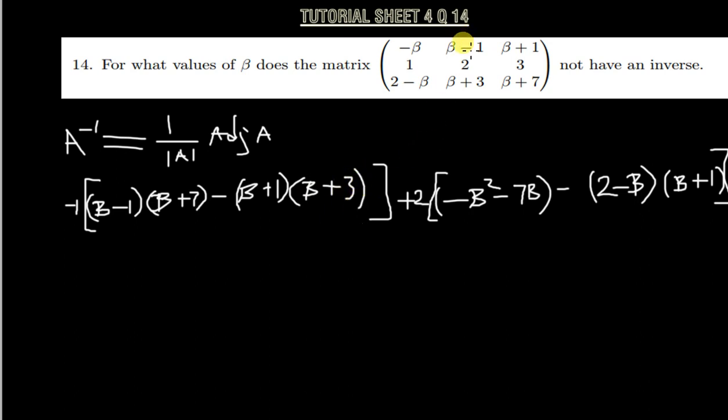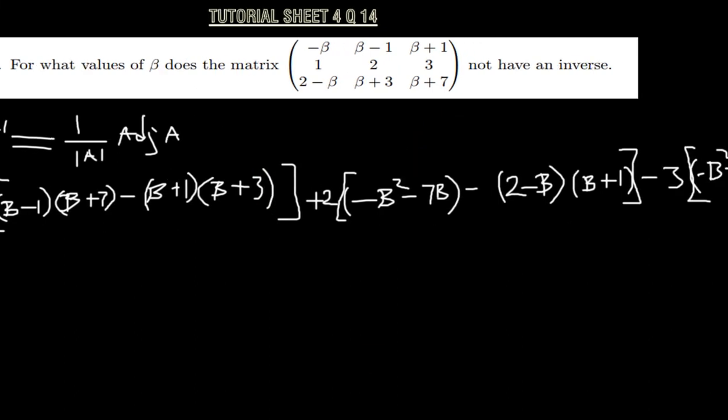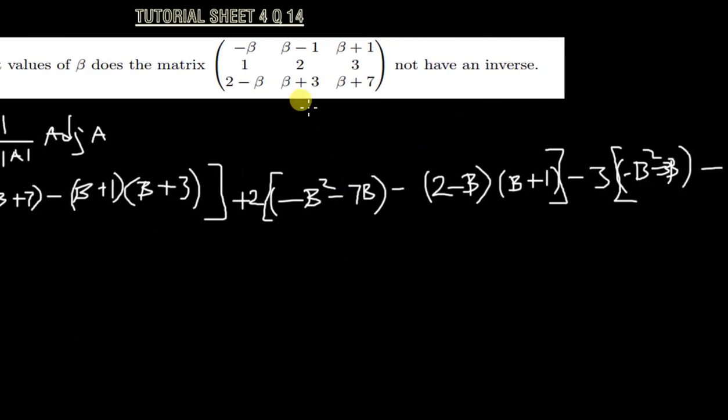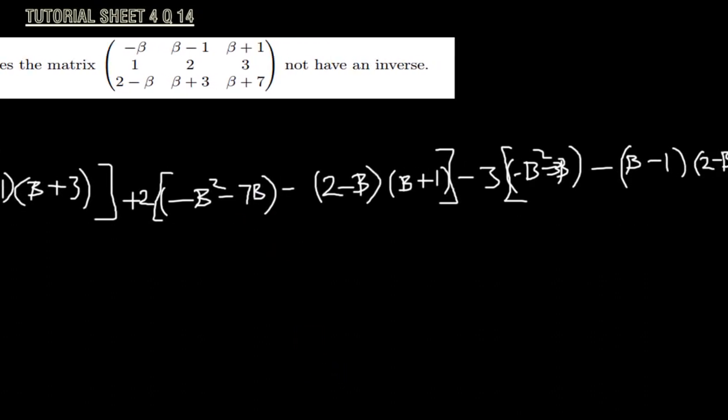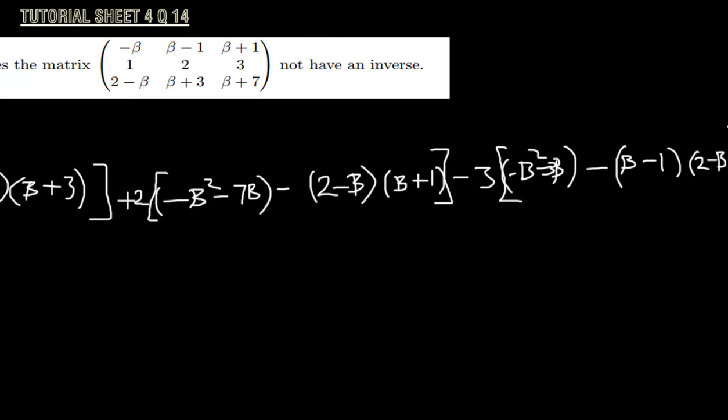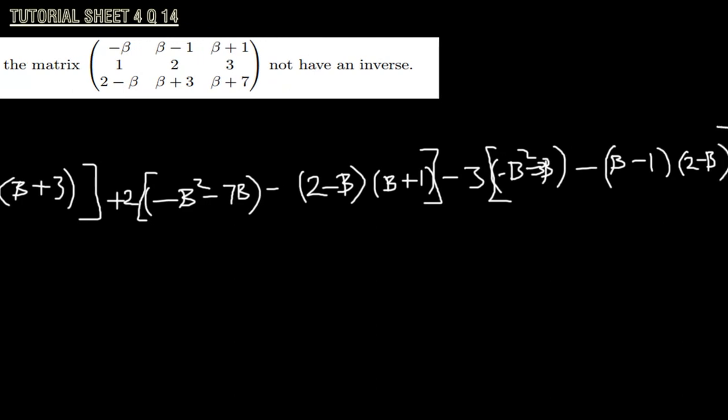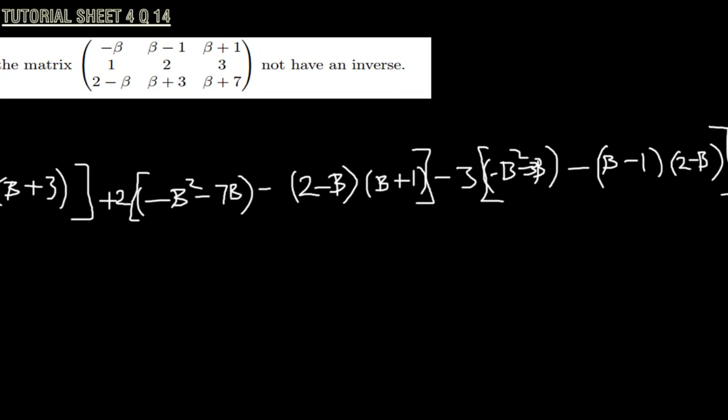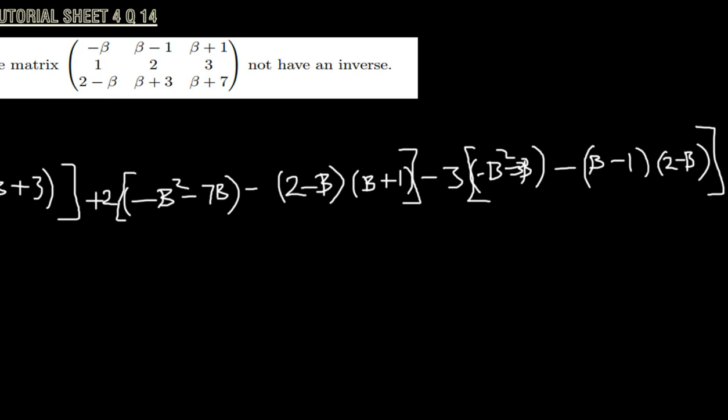Alright, and then the next part, let me just go through to check whether everything is okay. So this is going to be 2, I write the 2 there, and then this times that, then minus this times that. Yeah, this one is okay. I think even the last part is okay, because that will be negative 3, and then minus (2 minus beta) times (beta minus 1).